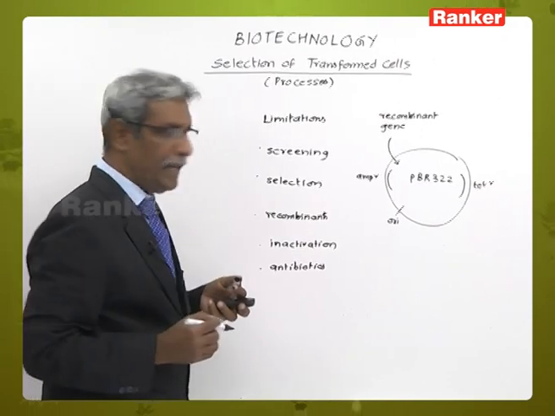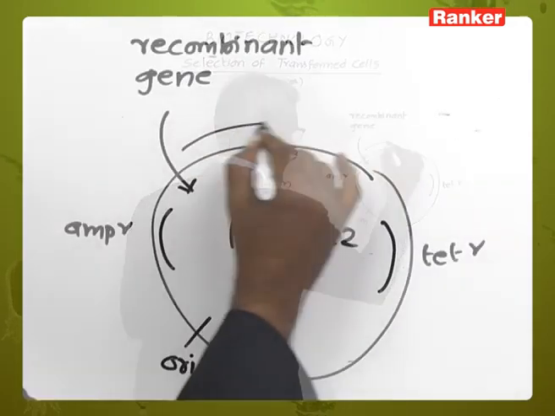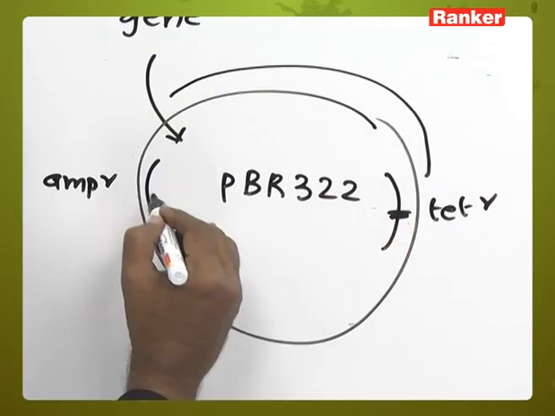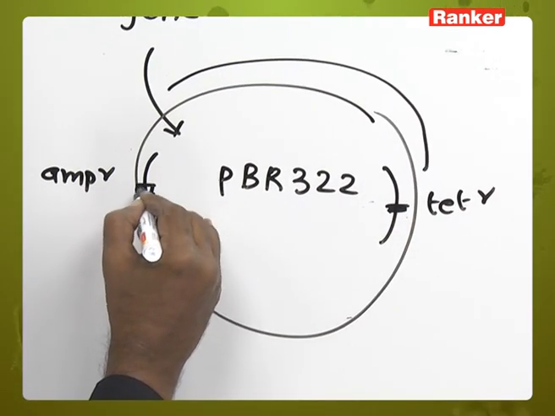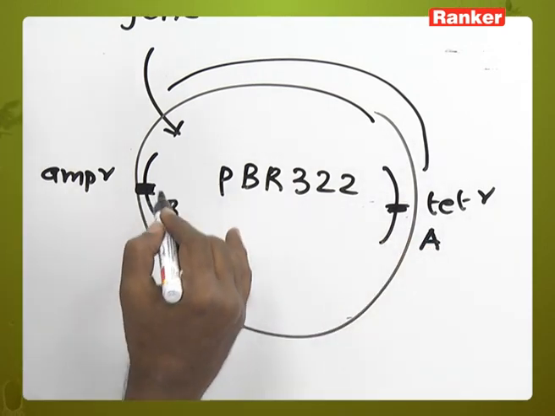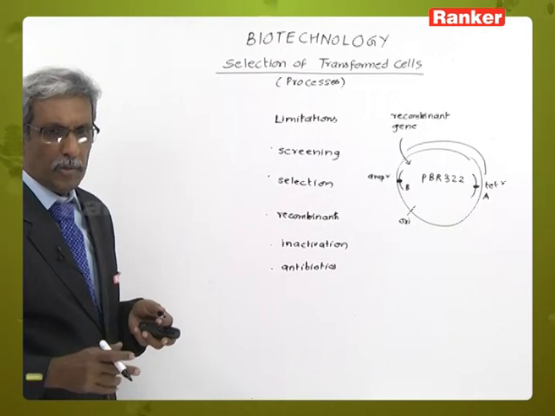Now, if your recombinant DNA of interest goes over here, it can block this, or if it comes over here, it can block this. There can be situation A and also situation B. There can be two situations.